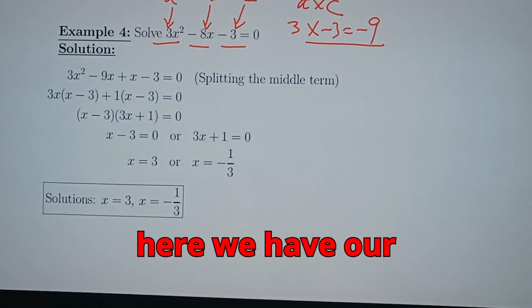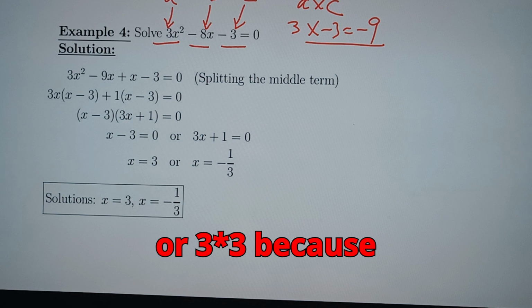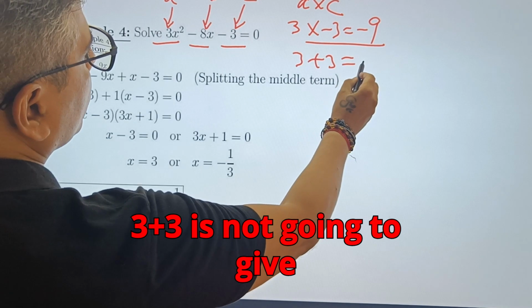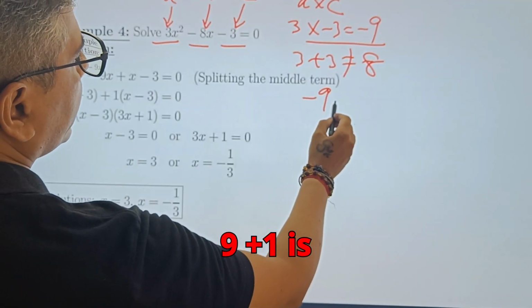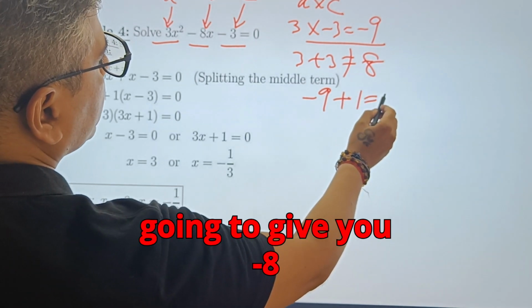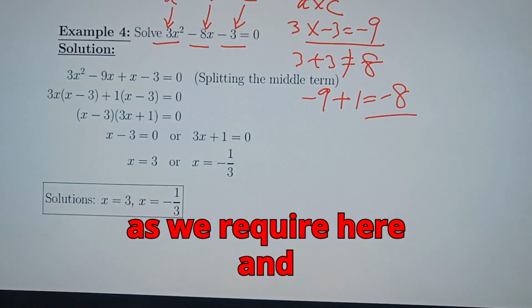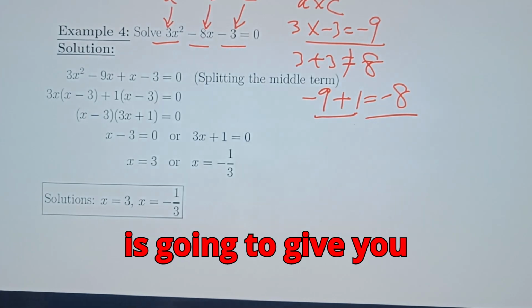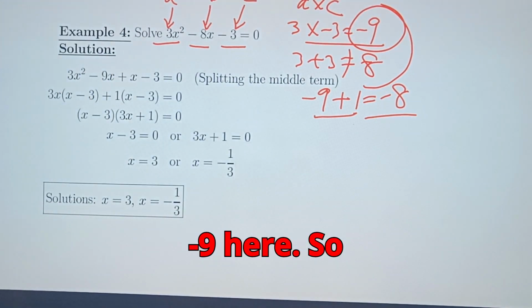Now here we have our factors like 9 into 1 or 3 into 3, because 3 plus 3 is not going to give you 8, and -9 plus 1 is going to give you -8 as we require here, and also -9 into 1 is going to give you -9 here.